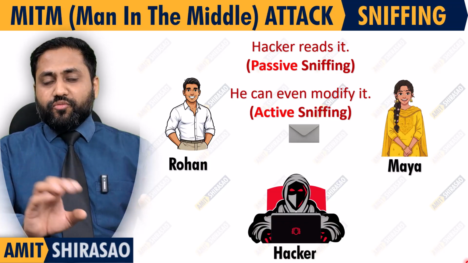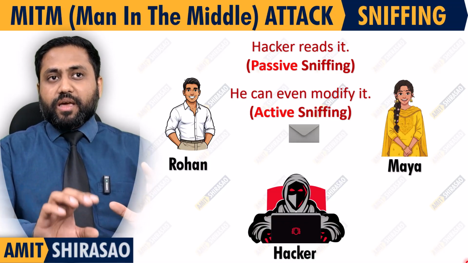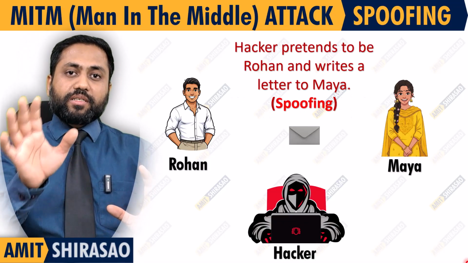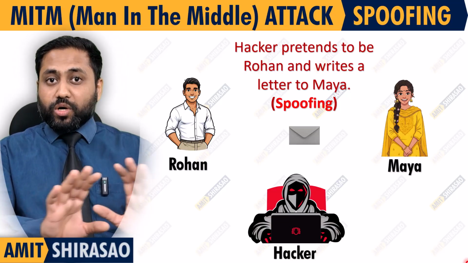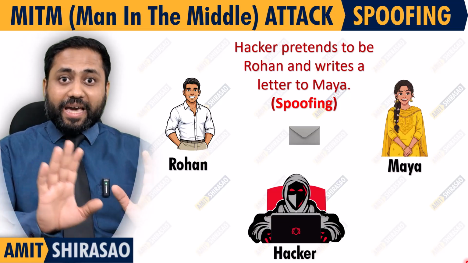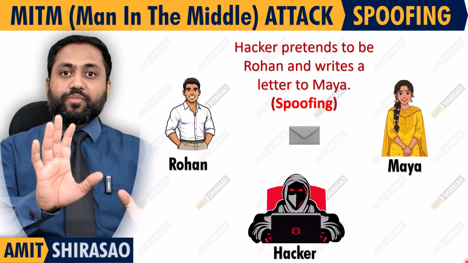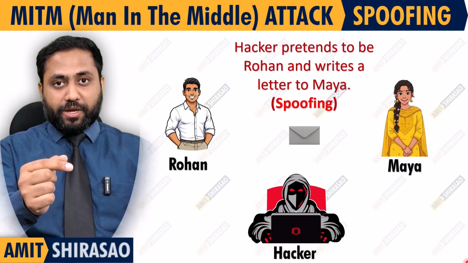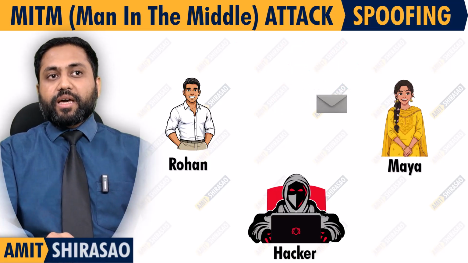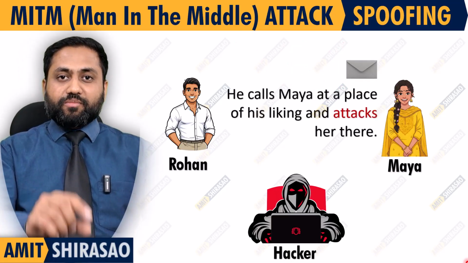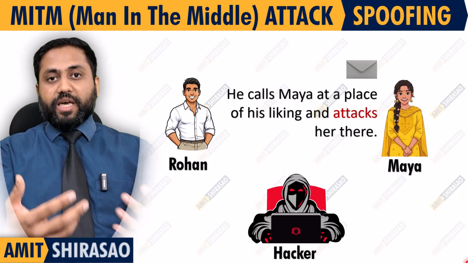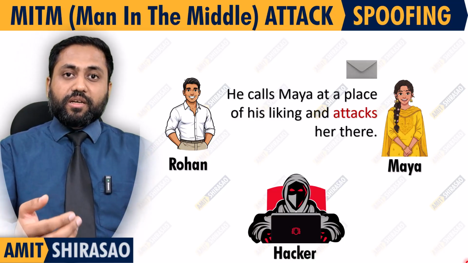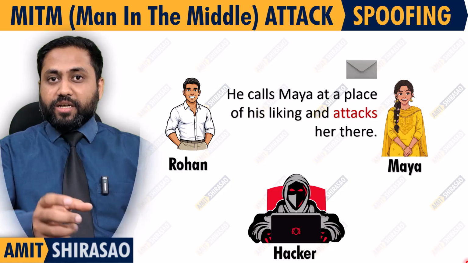Now, what is spoofing? Spoofing means the hacker pretends to be Rohan and sends a message to Maya. Rohan has not written any message. The hacker is pretending to be Rohan and sending a message to Maya. This is called spoofing. For example, pretending to be Rohan, the hacker can say, let us meet behind the old fort at so-and-so time.